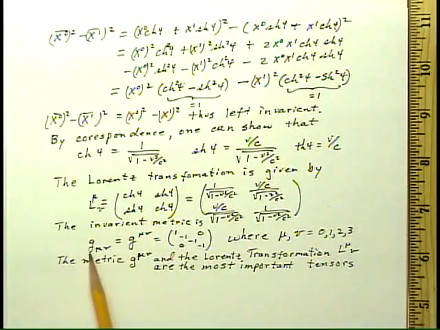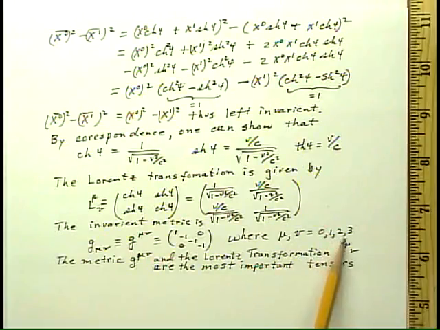Therefore, the general invariant metric, g mu nu, with 2 lower indices or 2 upper indices, is defined as, and I probably should write a definition here, this exact form here, where mu and nu are equal to 0, 1, 2, 3, being the time, x, y, and z components. The metric g mu nu and the Lorentz transformation L mu nu are the most important tensors in relativity.